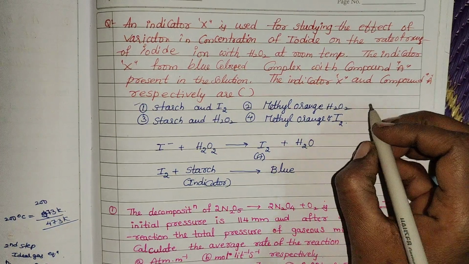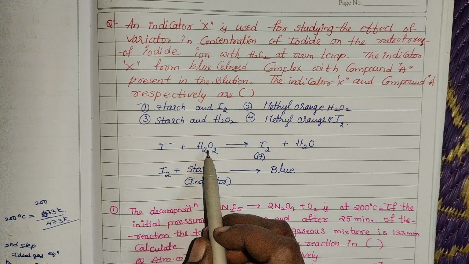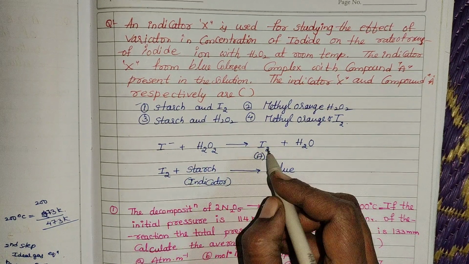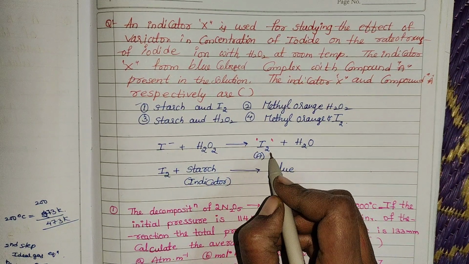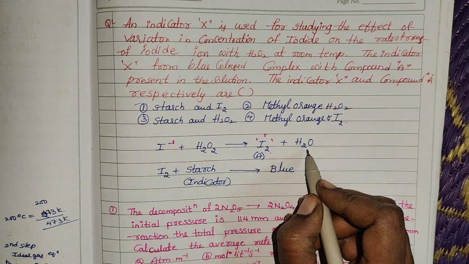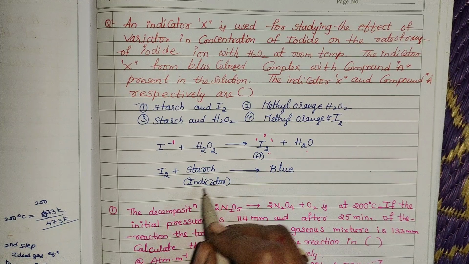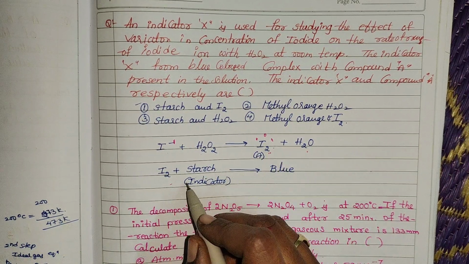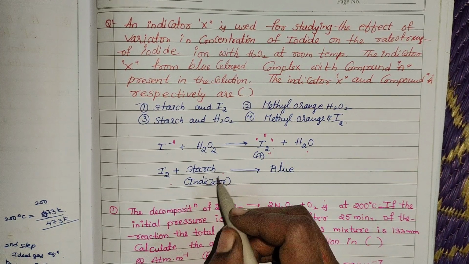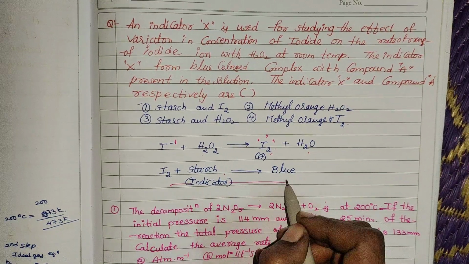First you remember iodide, I minus, when treated with hydrogen peroxide, gives I2. Here I2 is in the 0 oxidation state, I minus is in the -1 oxidation state, and it gives H2O. After that, the same iodine, if treated with starch, which is the indicator, gives the blue color.